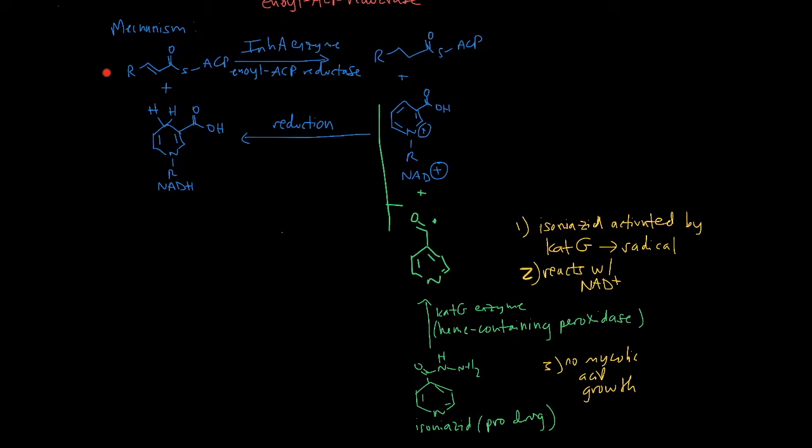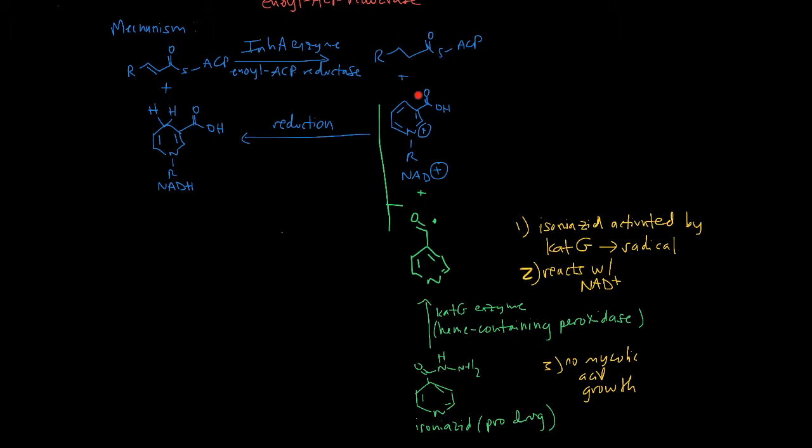A simple subunit of mycolic acid is the beginning precursor of the mycolic acid cell wall, and this subunit is extended to the whole mycolic acid cell wall by InhA enzymes and enoyl-ACP reductase enzymes to form longer mycolic acid chains. So the mycolic acid part of the mycobacterial cell wall is extended from a few subunits to a lot of subunits by InhA enzymes and enoyl-ACP reductase enzymes.